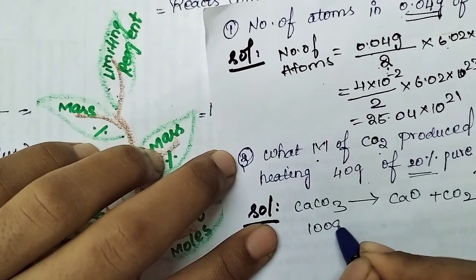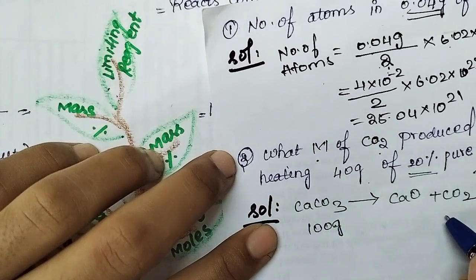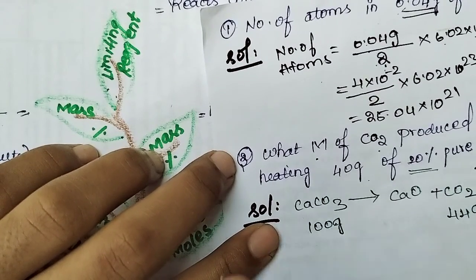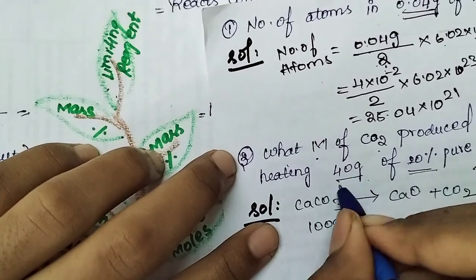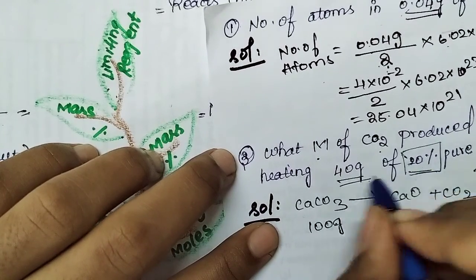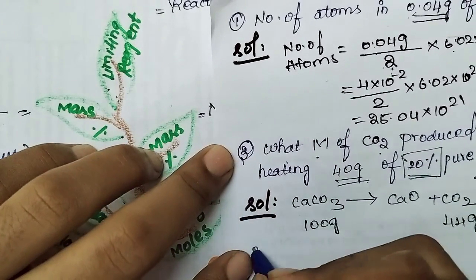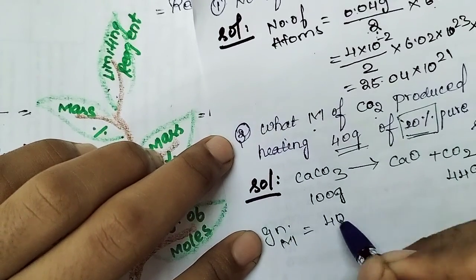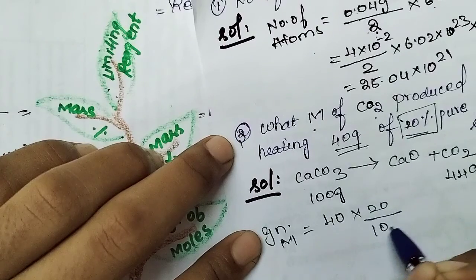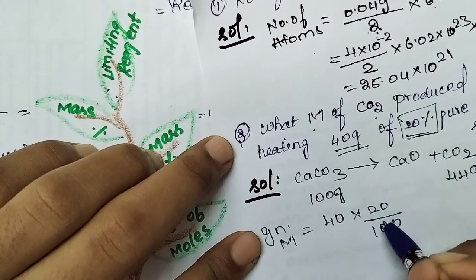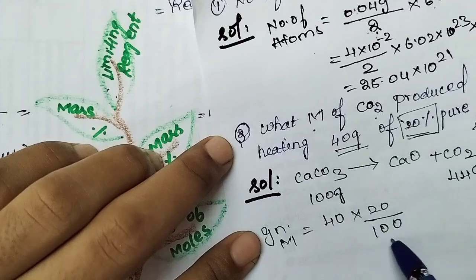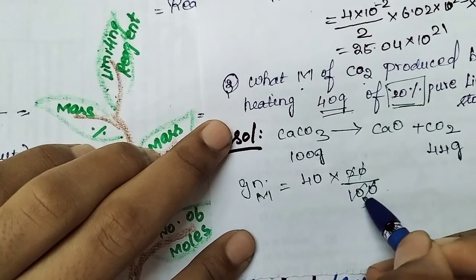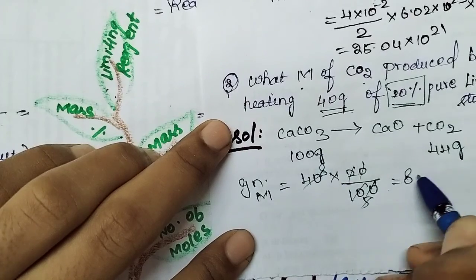They have told 40 gram, of which only 20% is pure. To convert percentage to grams, we divide by 100, correct? So 40 into 20 by 100 is 8. So given mass is 8.